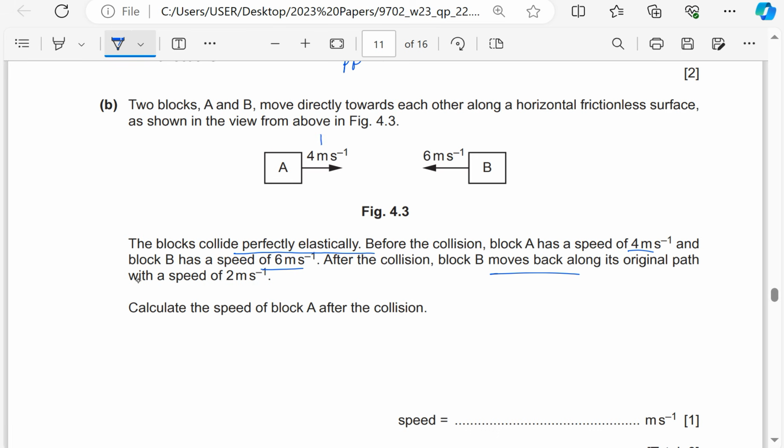So I'll say velocities to the right are positive, velocities to the left negative. They said B moves back, so it moves to the right. So its velocity is positive. After the collision, block B moves back along its original path, so its velocity is positive. I'm saying velocities to the right hand side are positive.